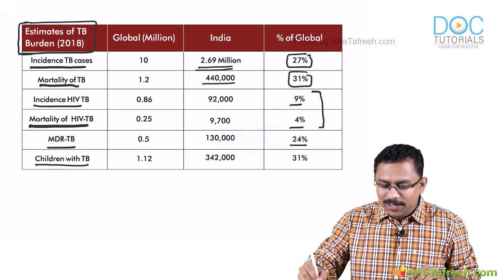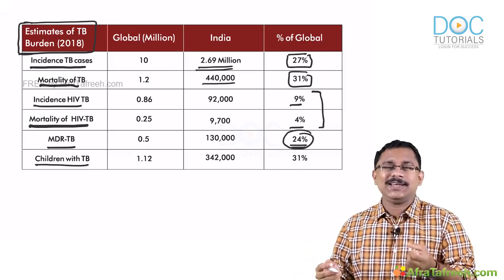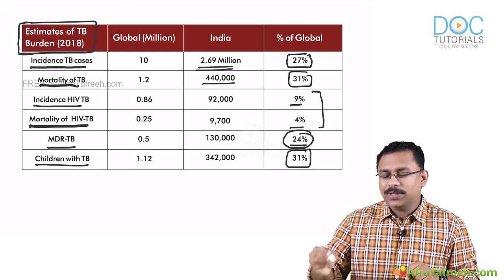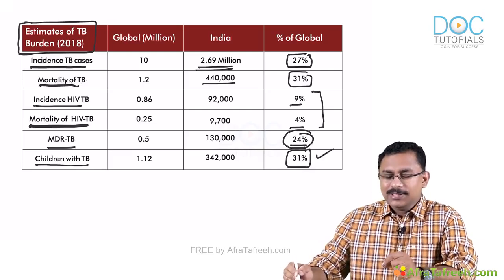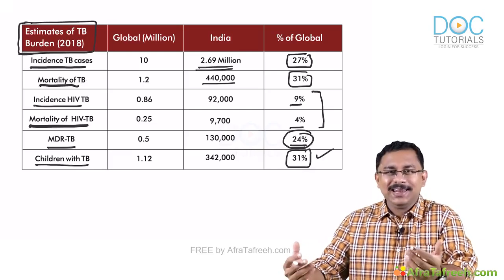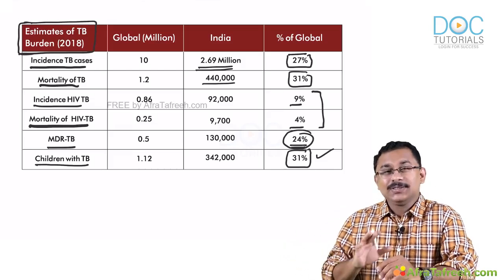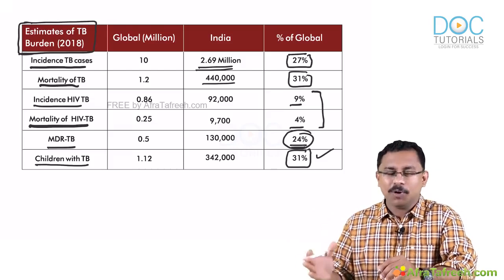And MDR TB, India is contributing 24% of the MDR TB cases. And what about children with tuberculosis? 31%. So the numbers are big in Indian stats as well as the global stats. That underlines the importance of this disease as a global health problem.